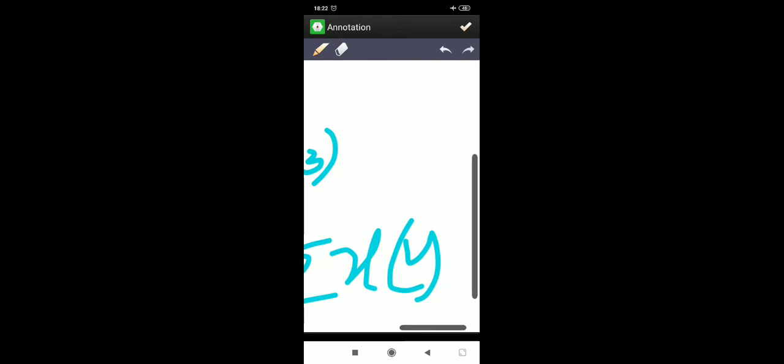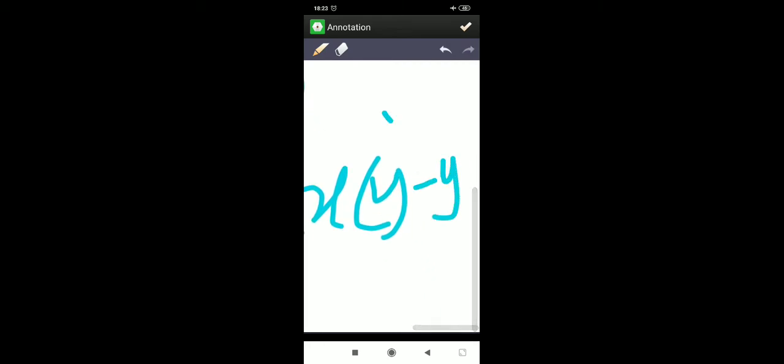Here the area of the triangle for this situation is given as half into sigma x1 of y2 minus y3.